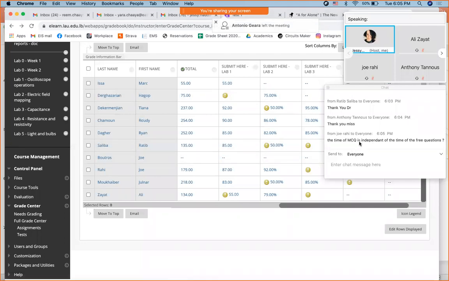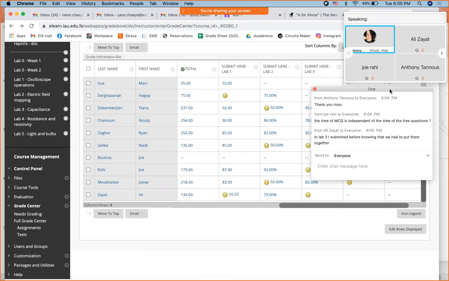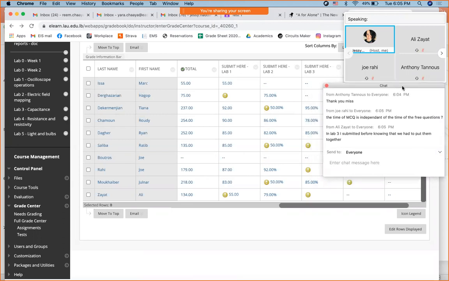The time of my MCQ is independent of the time of the free questions. We don't have free questions, it's all MCQ. Don't worry about it, Ali. I'm going to correct your lab 3 anyway. I'm going to write a comment, and please put them in one file, and I'm not going to make a big deal out of it.